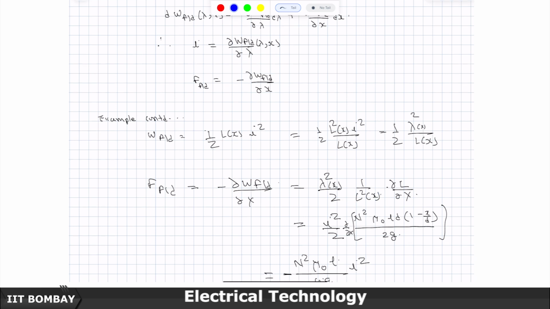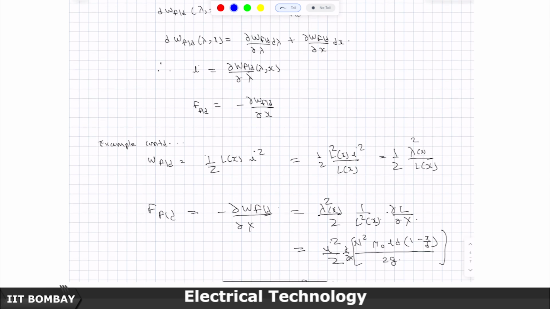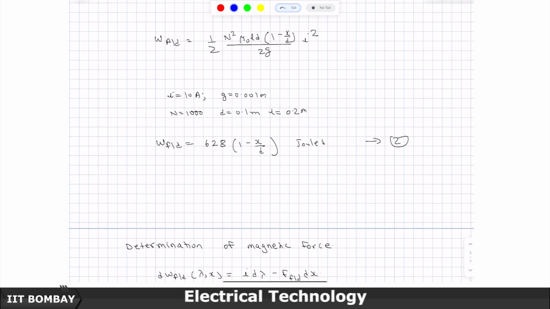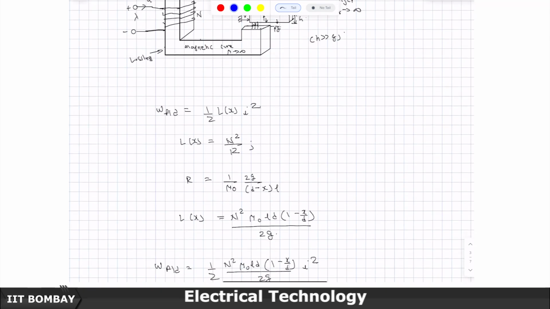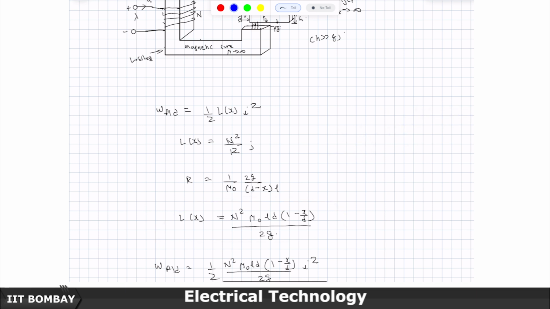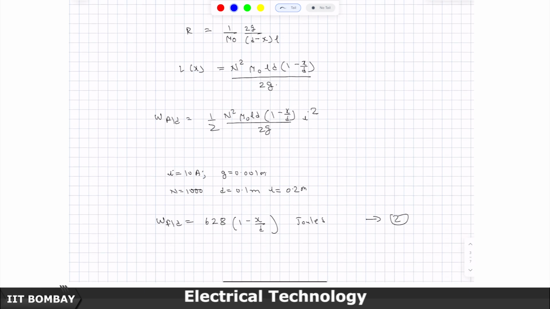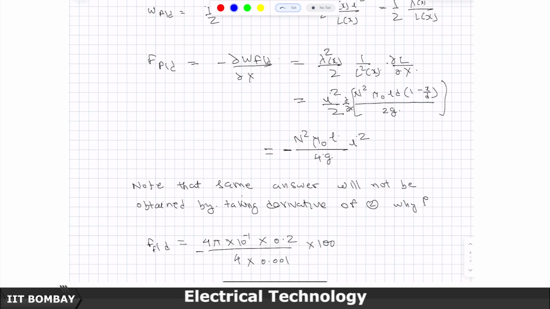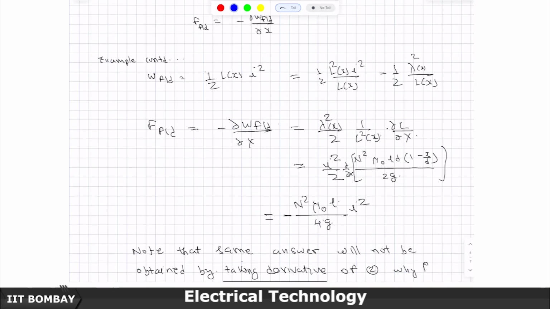Now, del L is already here. Where is L? L is here. So, del L by del x is going to be n square mu 0 L d by d, so d and d will cancel out, times 2g into minus 1, because it is 1 minus x by d. So, therefore, into minus 1. The d and d is again cancelling out.